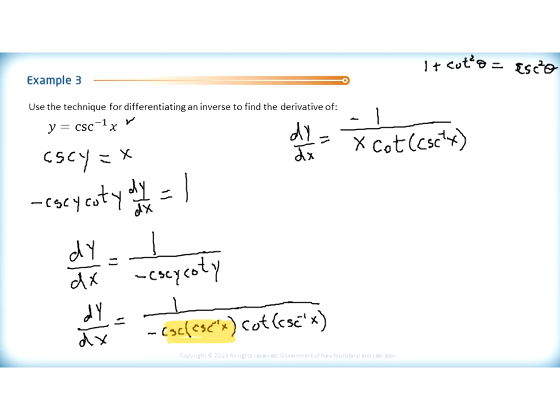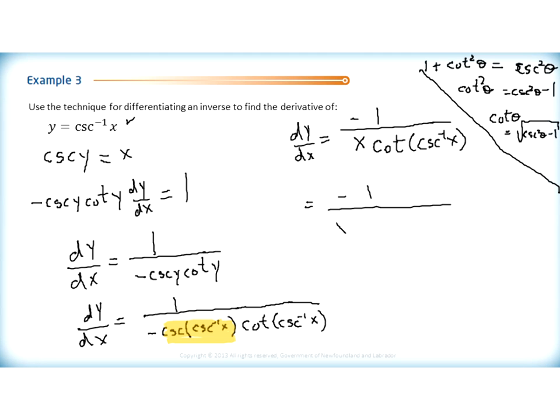So I can replace the cotan squared theta with cosecant squared minus 1. Then cotan theta is just going to be the square root of cosecant squared theta minus 1. So all that stuff is just a little side note to help us get along here, so you see where my substitution is coming from.